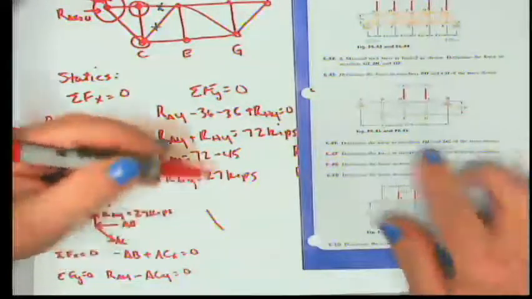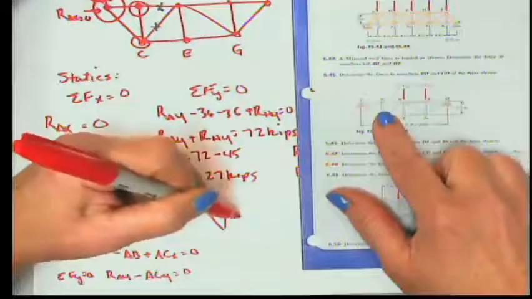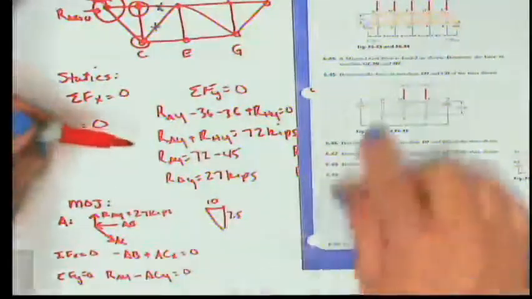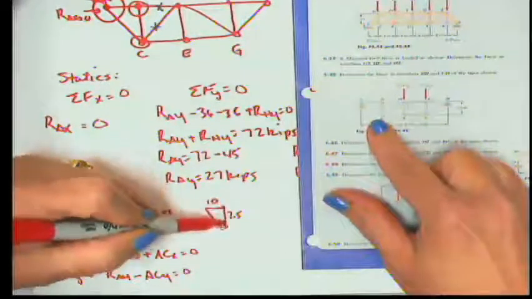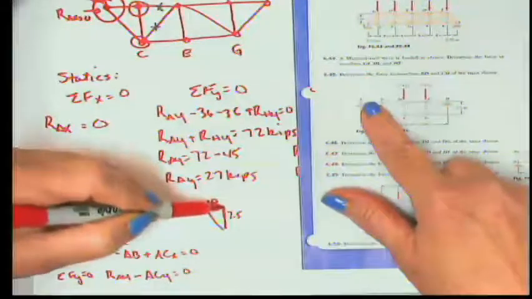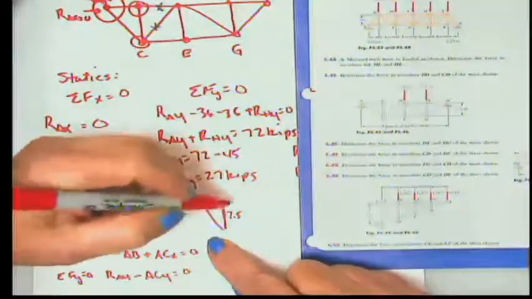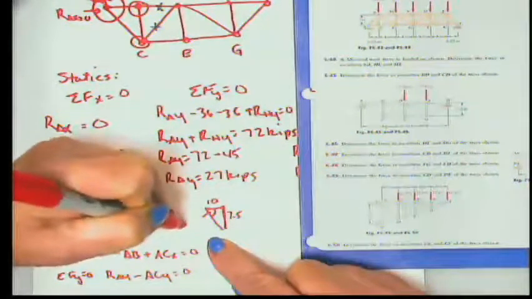In other words, for AC, I'm told that this is 7.5 feet, and this is 10 feet. Pythagorean theorem? Yes, exactly, because A to C, the vertical distance is 7.5 feet, and the horizontal distance is 10 feet. So in the X direction, well, we can just find this angle. There's other ways to do it, but let's just say theta.